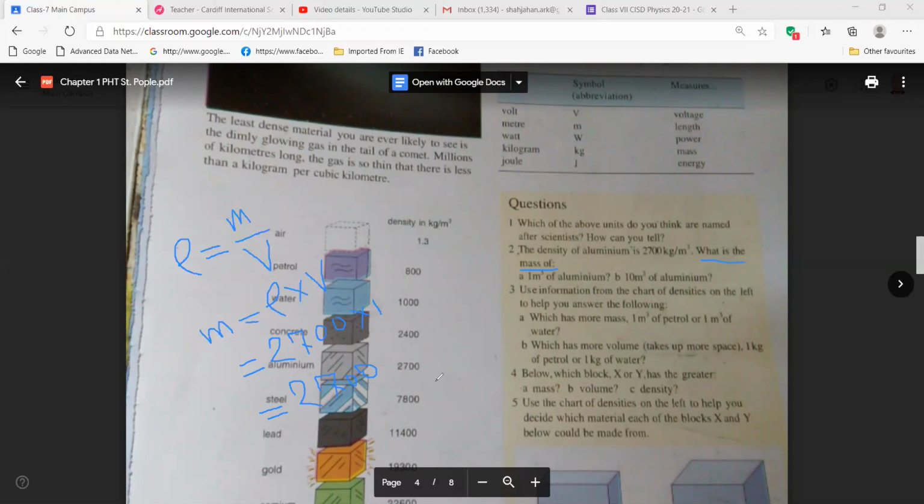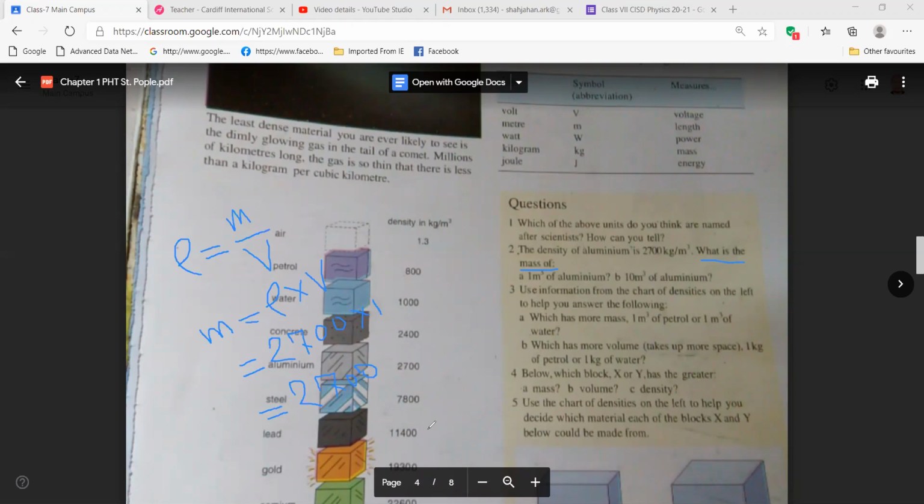The first one was 1 meter cube, the second one is 10 meter cube, so we are getting 10 times. So 10 times means it will be 27,000 kg.